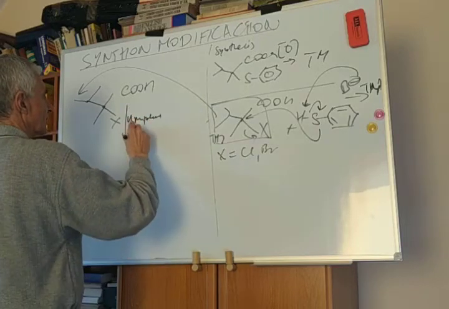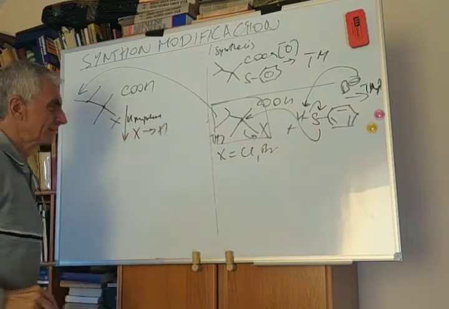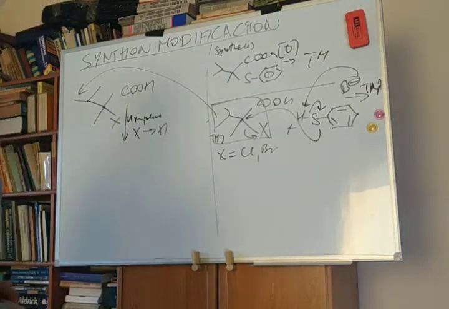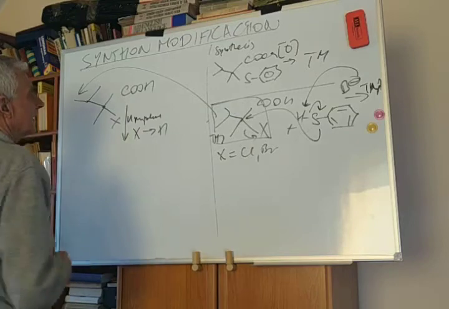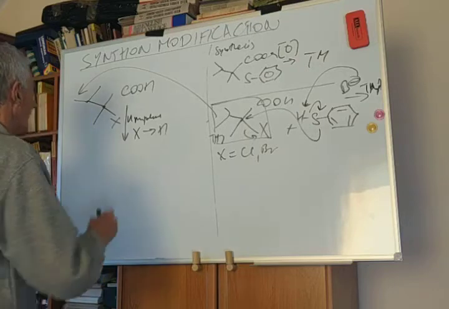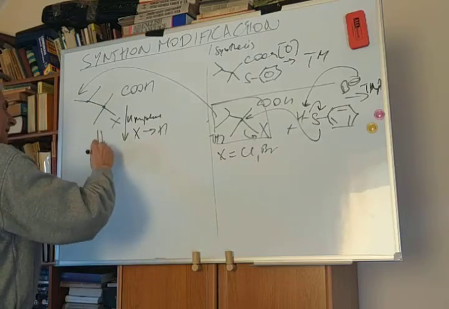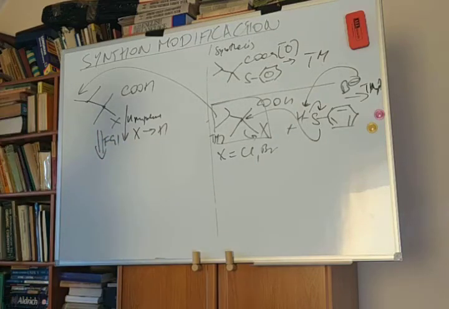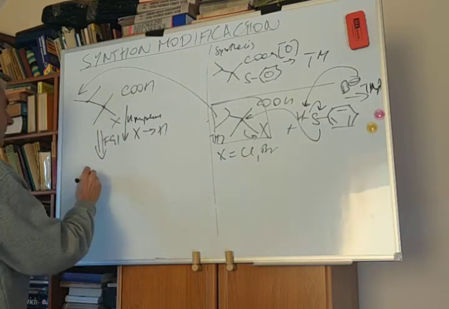So we are changing the chlorine or bromine here to hydrogen, and in fact this will be something like functional group interconversion.